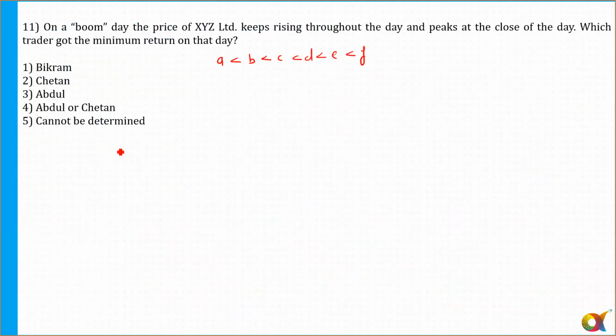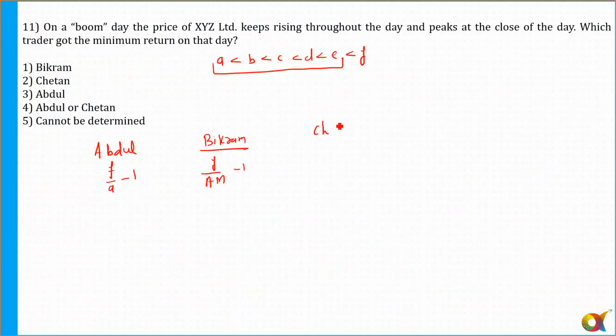So for Abdul, the return is equal to F by A minus 1. For Vikram, the return is equal to F by the arithmetic mean of all these 5 values, A, B, C, D, E, minus 1.